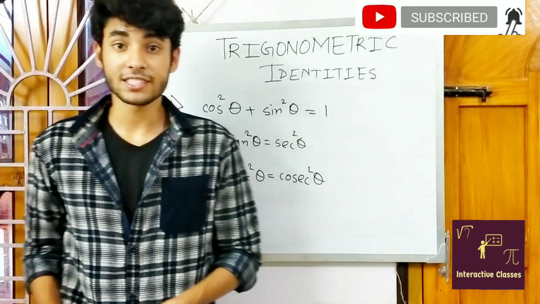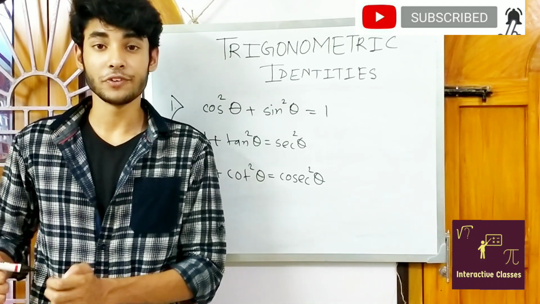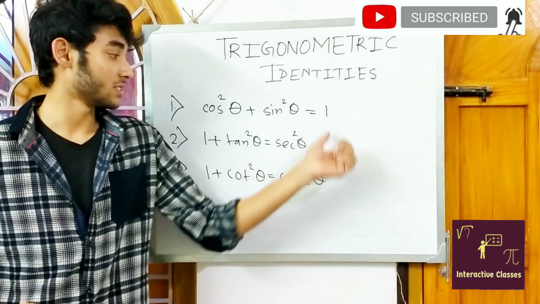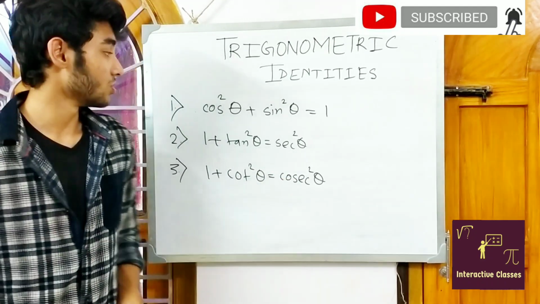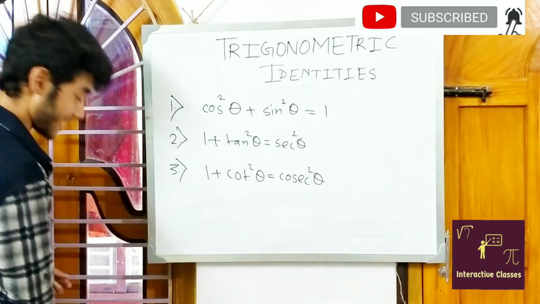In this video we will discuss these three identities, and in the next video we will be doing sums related to these identities. So let us prove these three identities.